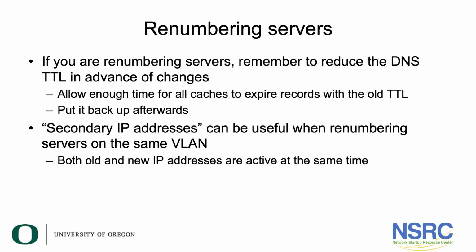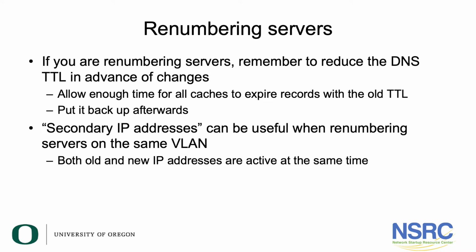If you are renumbering servers that are on the same VLAN, sometimes you could add a secondary IP for the new IP, so that both old and new IP addresses are active at the same time whilst you migrate things. Eventually, when you're sure that nobody's using the old IP, you remove it and have just one IP address.